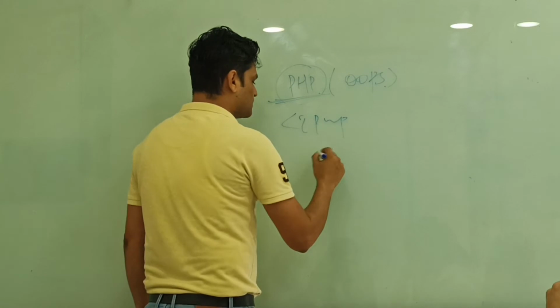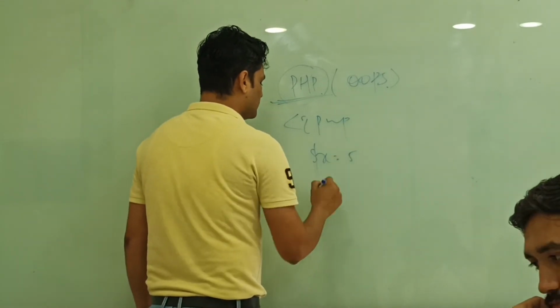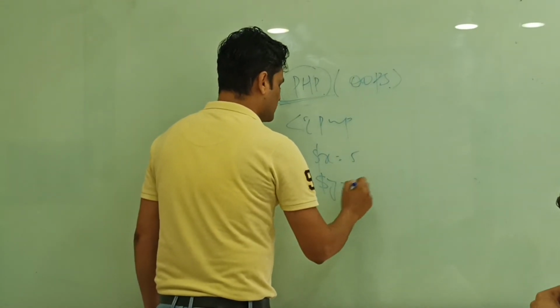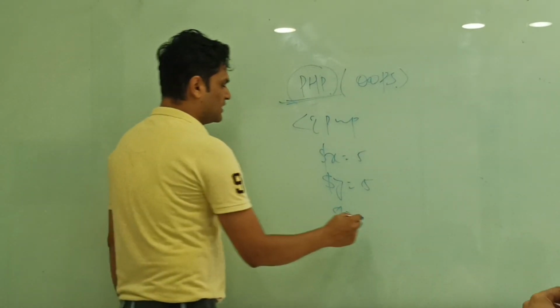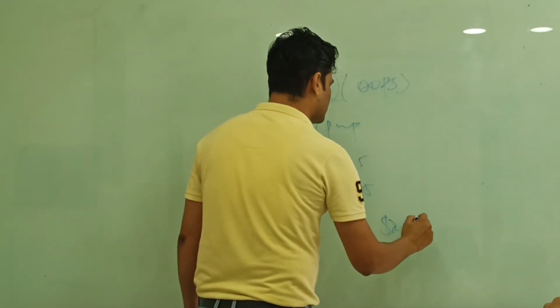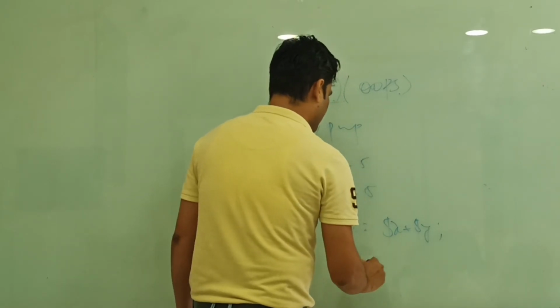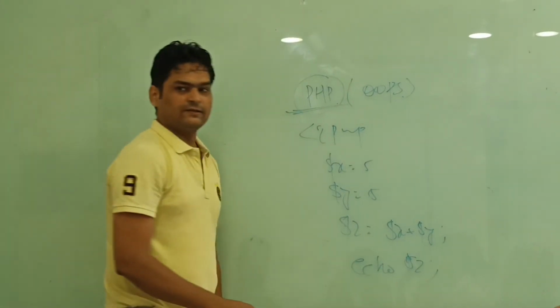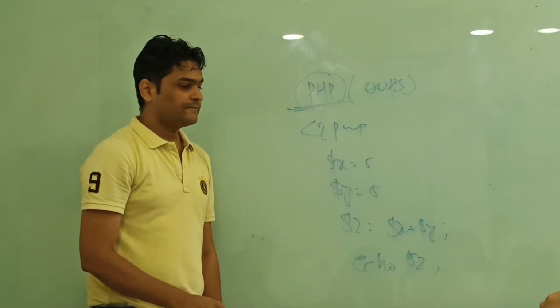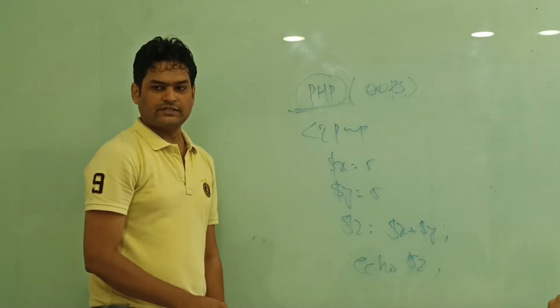Okay. So now, if I take variables, first we write open PHP, x is equal to 5 and y is equal to 5. So $z, this is the third variable we have. $z means what? $x plus $y. If I echo $z, what will be the result? 10. You understand?